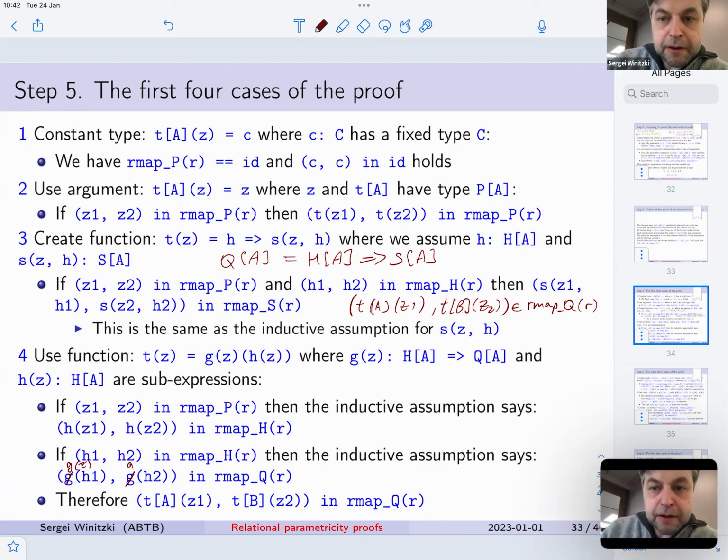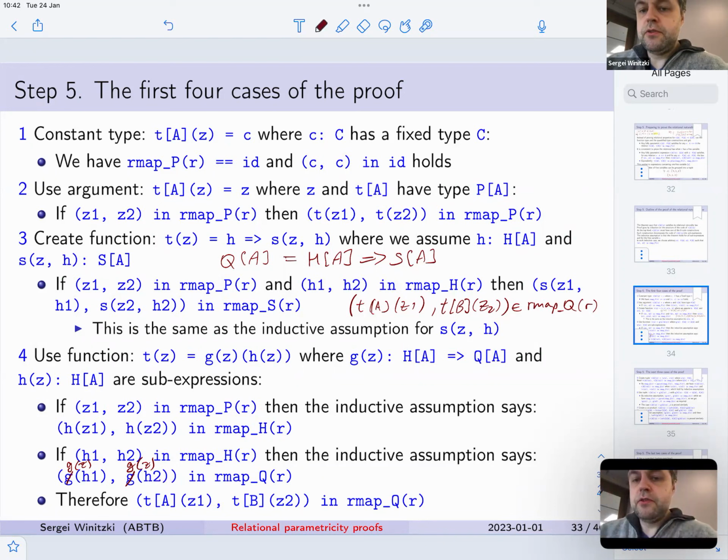This is here g of z. So g of z has this type. And so its relational neutrality law is that if the arguments are in this relation, then the results are in that relation. So if we just put this together, we have what we need. If this is true, then this is true, but then if this is true, then this is true, and that's what we need.